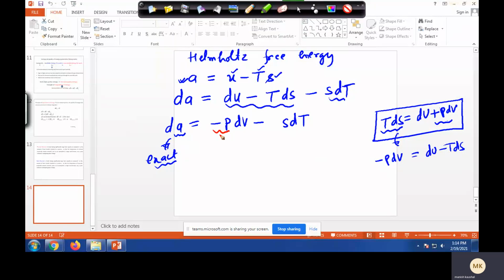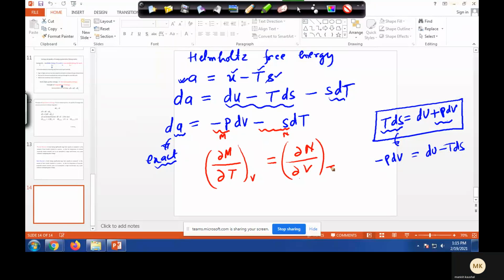So this is our M this time, and this is our N. We know del M with respect to T at constant V, and del N with respect to V at constant T. What is our M? You can see minus S. And what is our N? Minus P. The minus signs get cancelled.